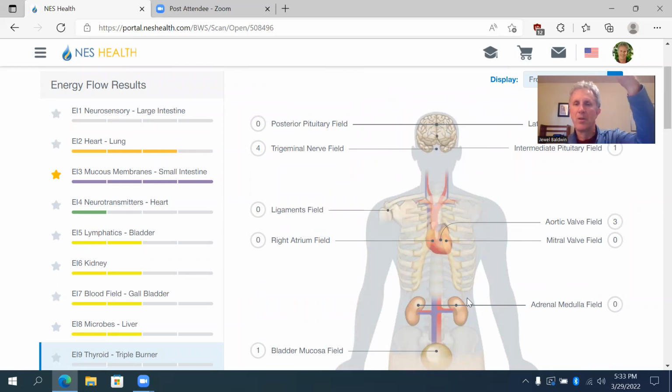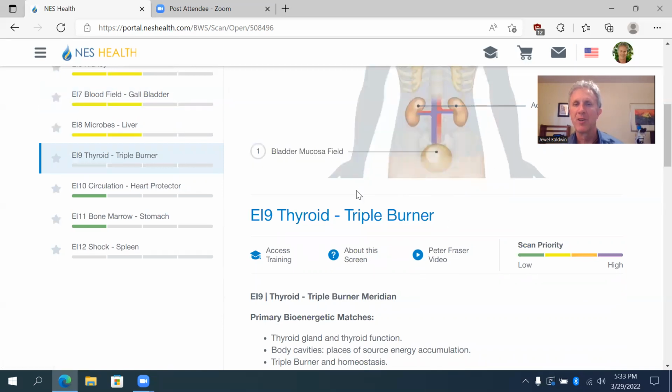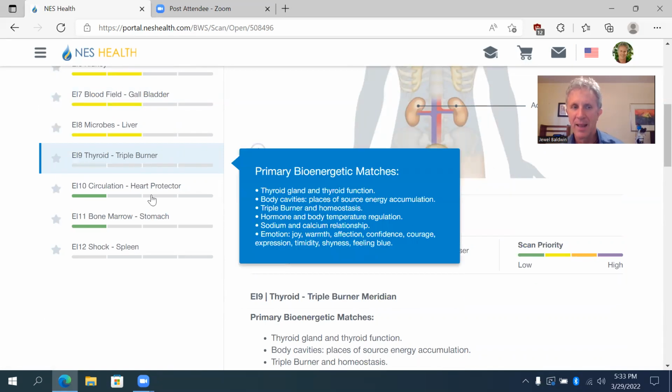So those 3 cavities are where the energy in Chinese medicine moves through. Between these 3 cavities, you want to build up energy there. If thyroid triple burner comes up, there is a lack of movement of the energy between these 3 cavities, and this integrator addresses that. And the remedy, the infoceutical that addresses EI9 would address that blockage of energy flow.